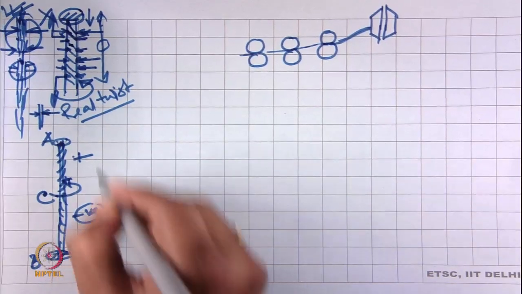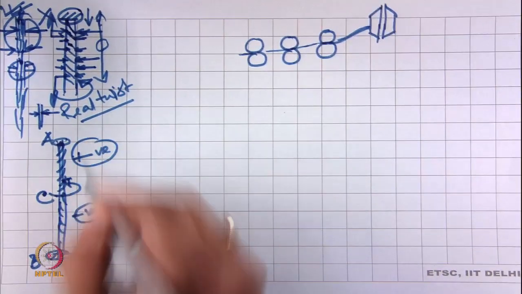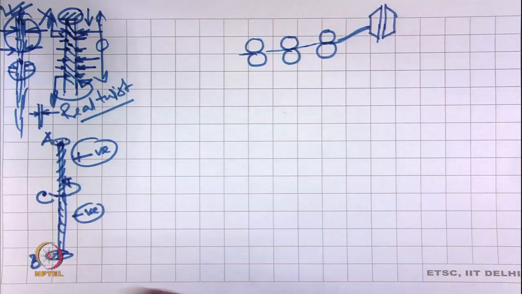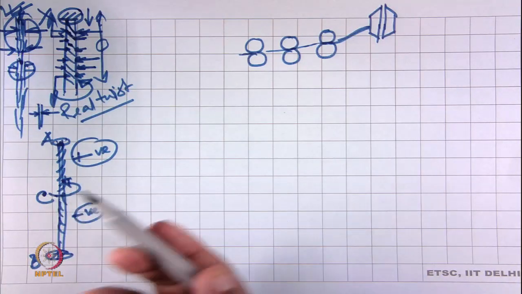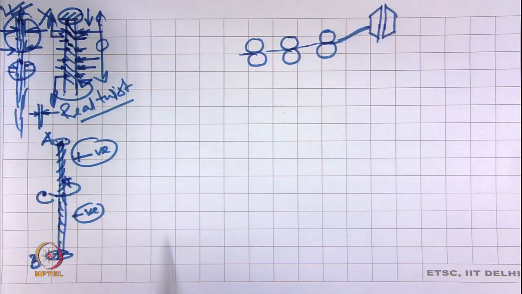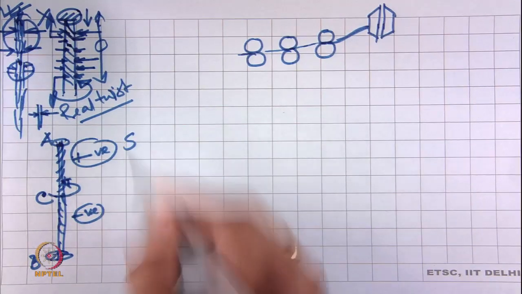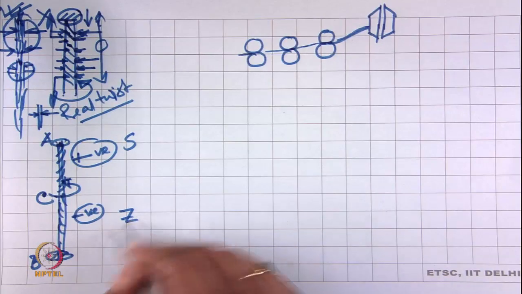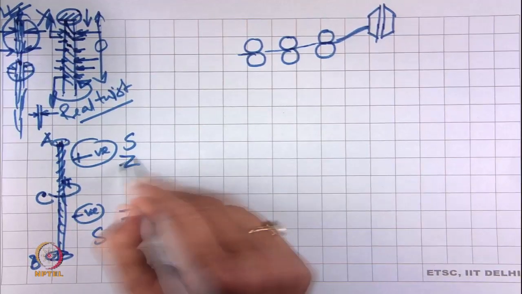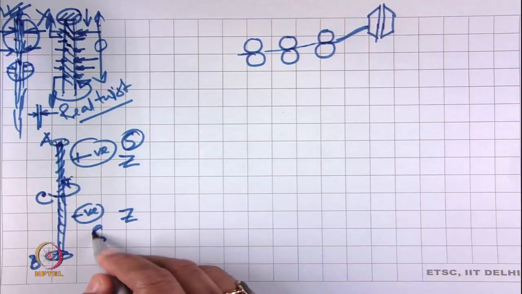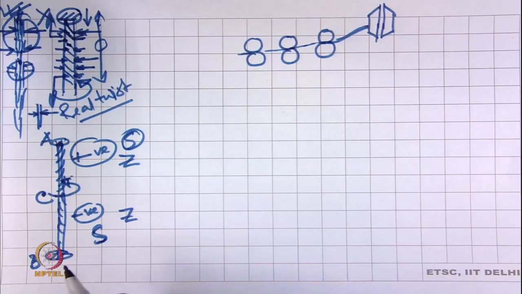Why I am calling it positive and negative, I will come back. This direction has a specific term, which is called S direction or Z direction. This is Z direction, and this is S direction.